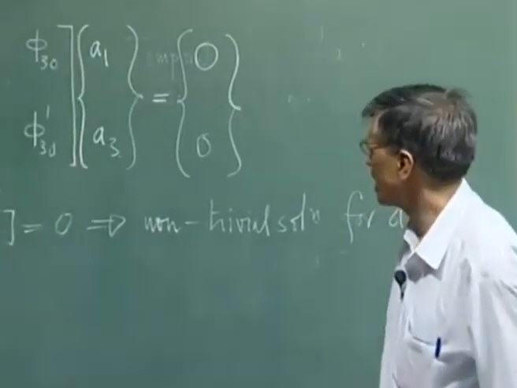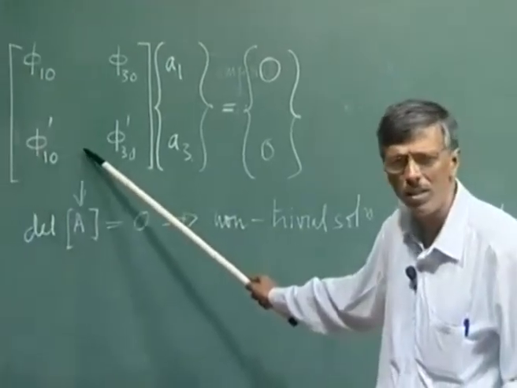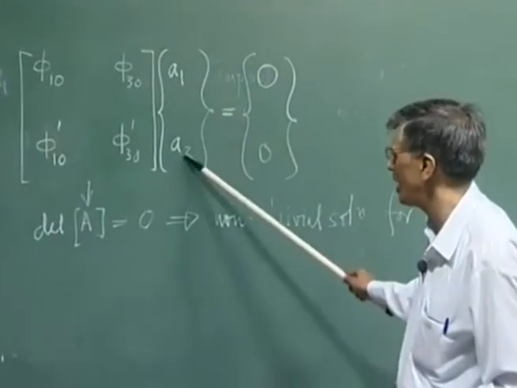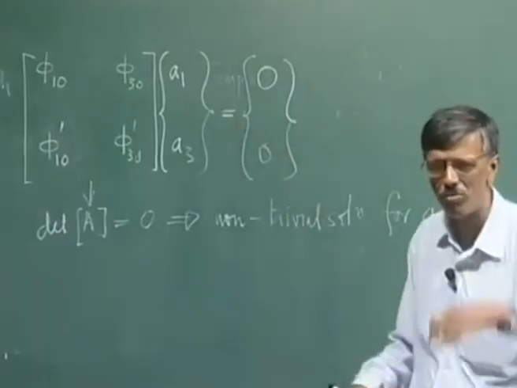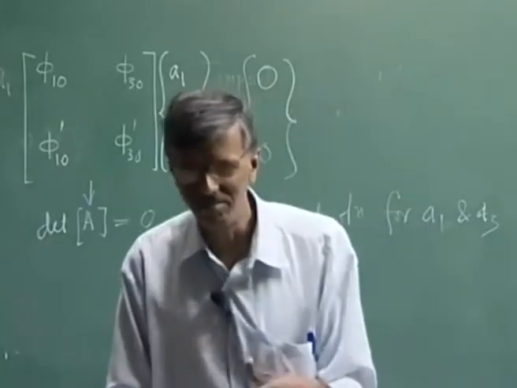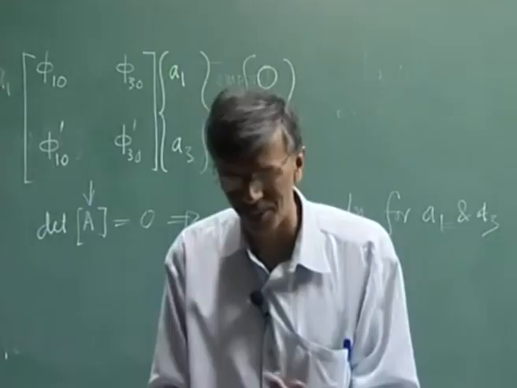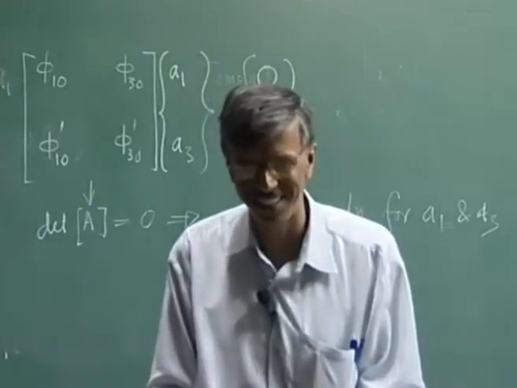You understand what it is. Basically, if it is singular, then you get the A1 A3 vector in 0 by 0 form, and by L'Hopital's rule you can get a non-trivial solution. 0 by 0 does not mean 0, right.